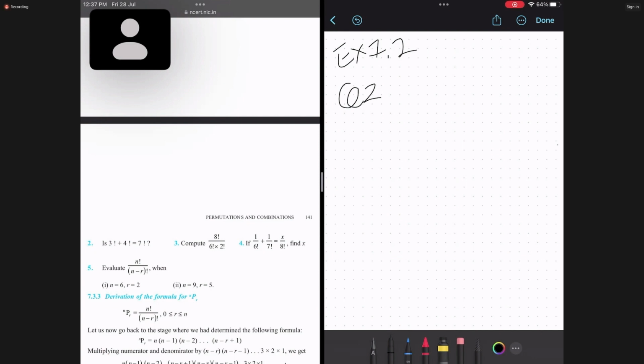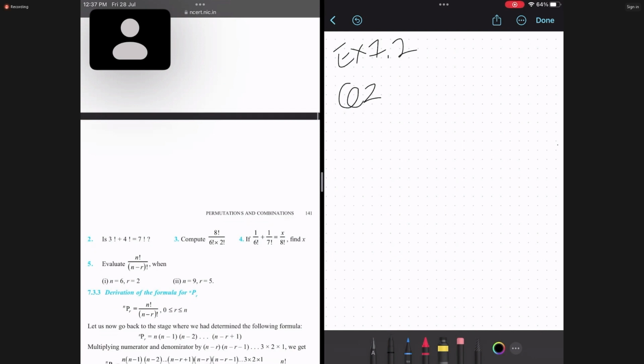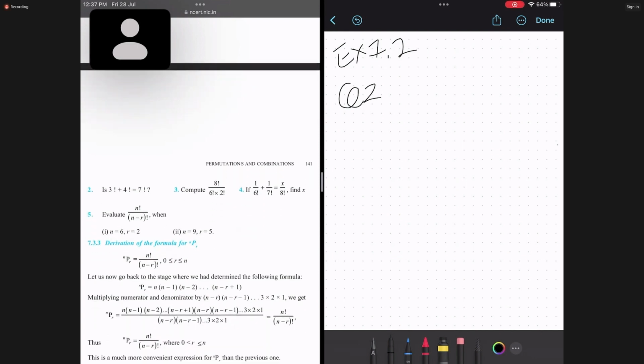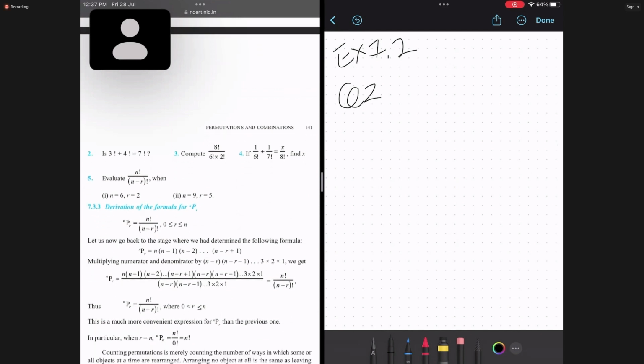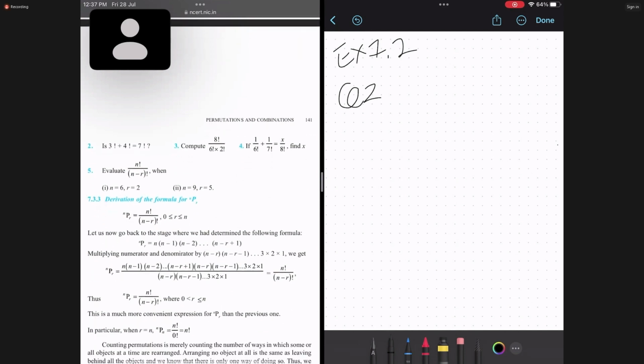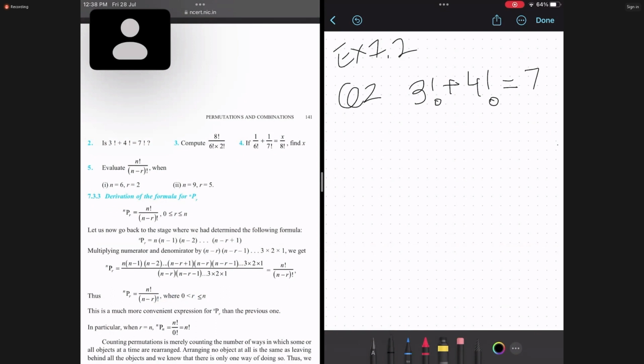In the second question, it has been asked whether 3 factorial plus 4 factorial is equal to 7 factorial or not. This might seem very trivial to you guys, and it actually is.